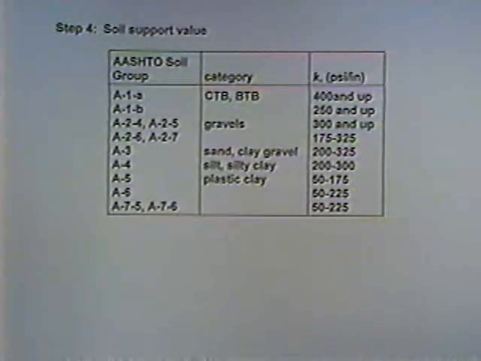The CTB and BTB in there, that's cement treated base and bituminous treated base, and those would be the ones with the best or highest soil support values or subgrade modulus. As you go down, the underlying soil is getting worse and worse. For the soil support values, they range theoretically from a low of 0, which would be the bottom soil in that chart, up to a high of 10, which would be for the A1A type of base.